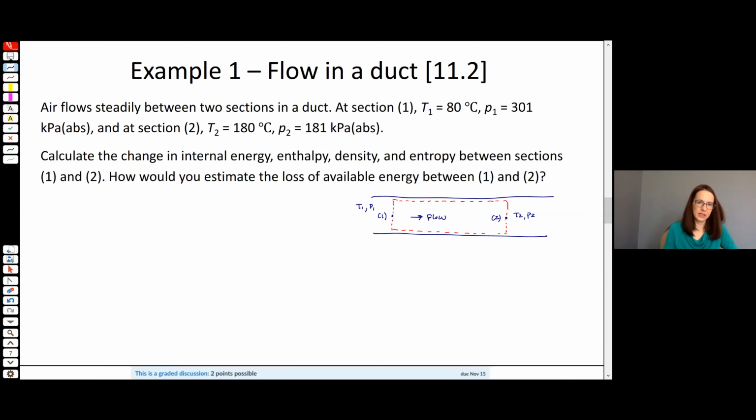All right, so let's label these part A, B, C, and D. And we'll start with A. We want to calculate the change in internal energy. Great, we just arrived at an expression for this.